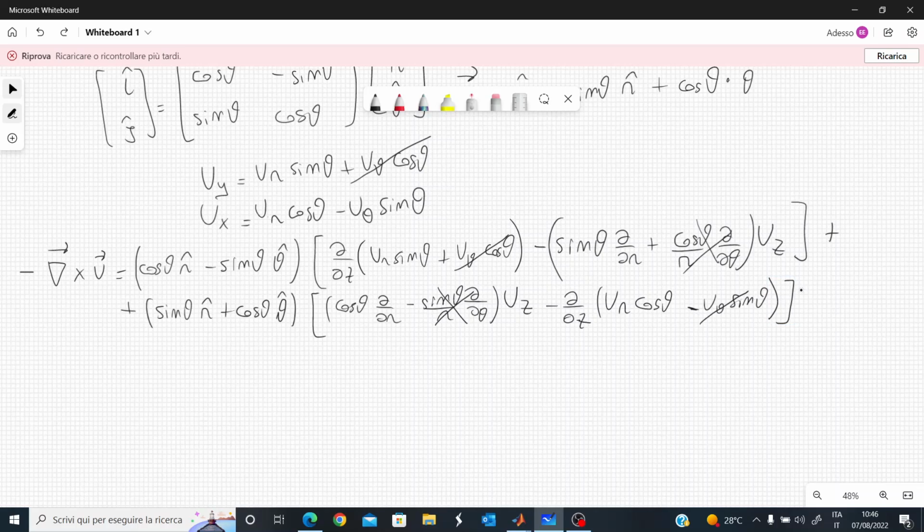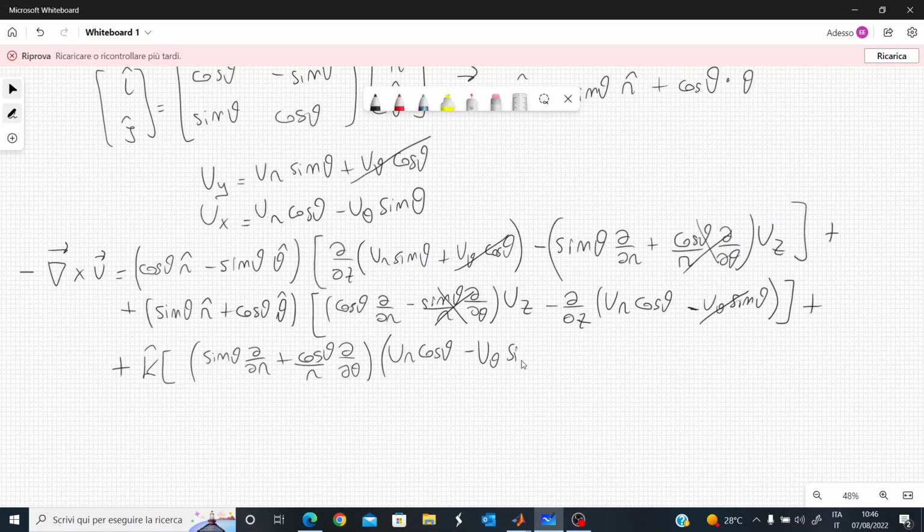And finally, we have plus, here you have k, and then you have sine theta d over dr plus cosine theta over r d over d theta of ur cosine theta minus u theta sine theta.